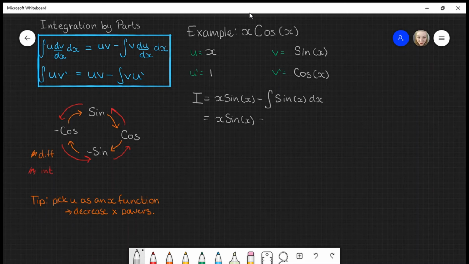The integral of sin x is minus cos x. Since it will be minus minus cos x, we can simplify that to plus cos x. And I'll put a plus c, just for completeness.